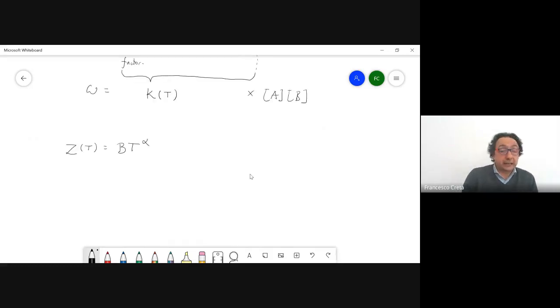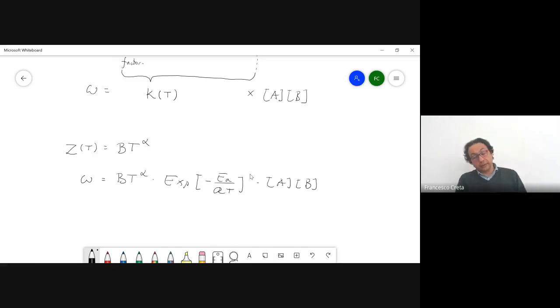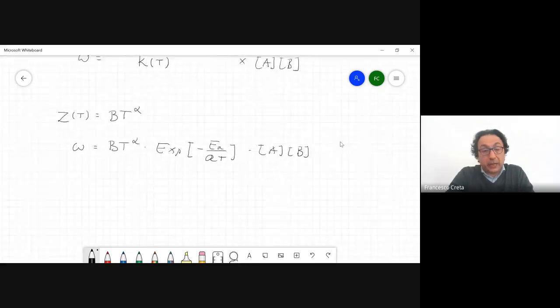And so, in fact, omega will be the pre-exponential factor Z, which is B T to the alpha, times the exponential of the activation energy divided by RT times whatever product of concentrations we have. Why am I writing this way?